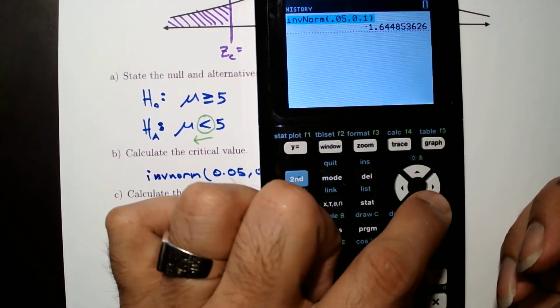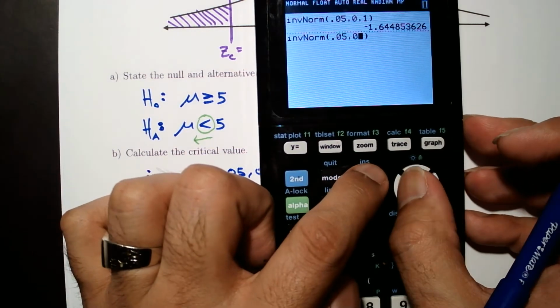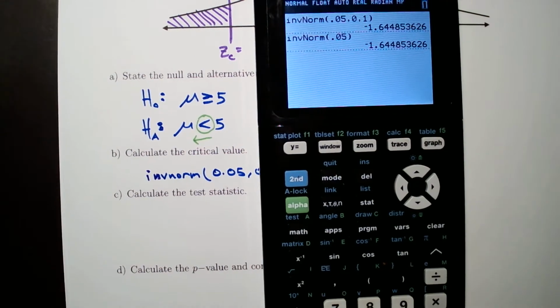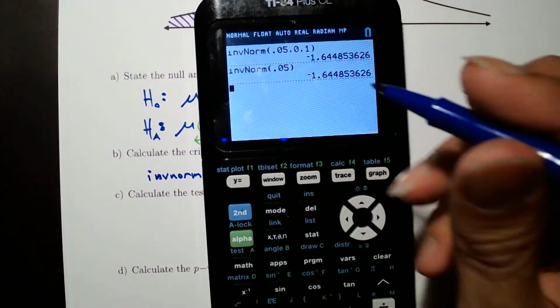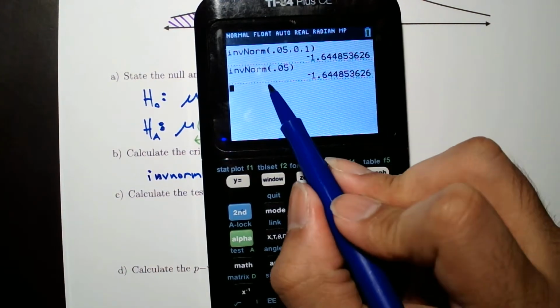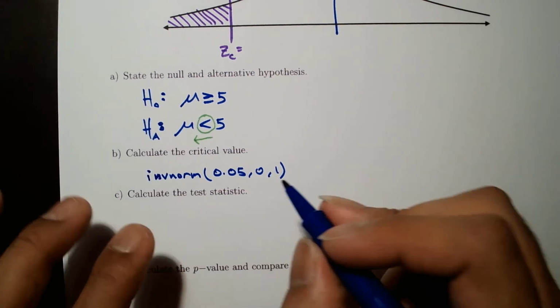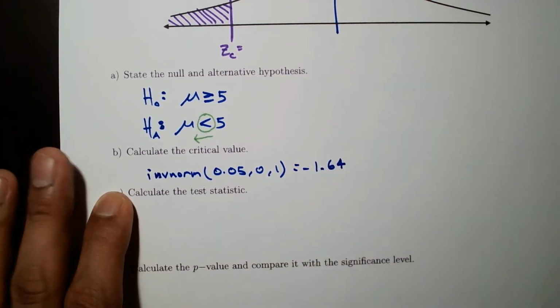Even if you have the invNorm operator without this 1, this comma, and this 0, it still works. So negative 1.64. Again, keep in mind that the rounding rule for z-scores is 2 decimal places. So negative 1.64.